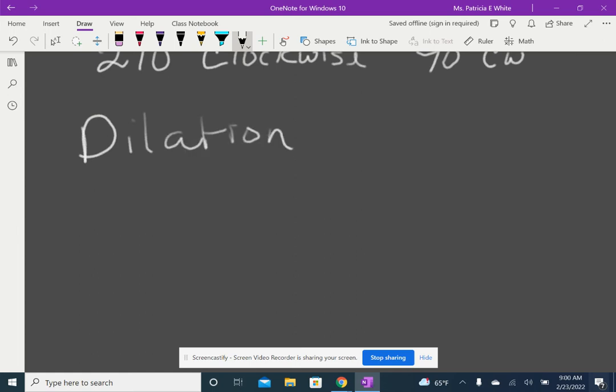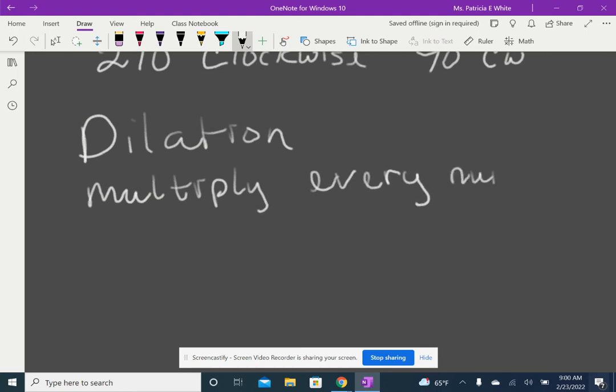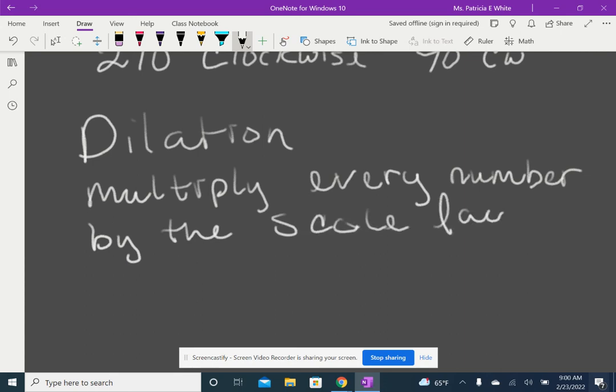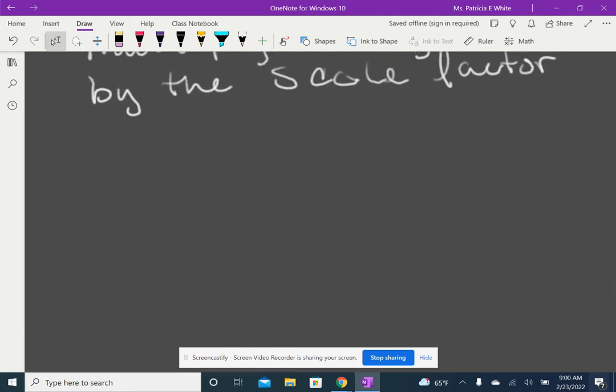And dilation is just multiplying everybody by the scale factor. Now this is going to take a little time because you are going to have to get me the coordinates.